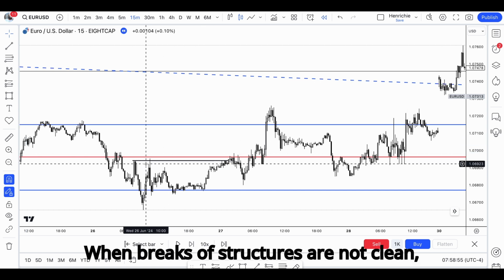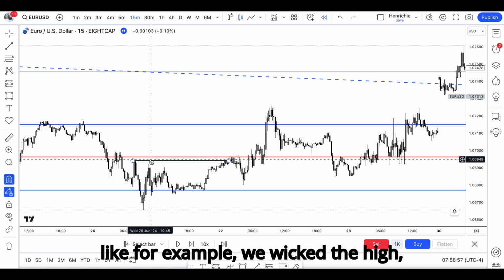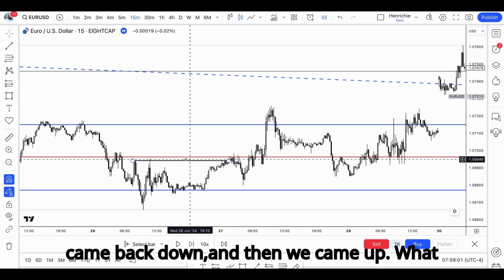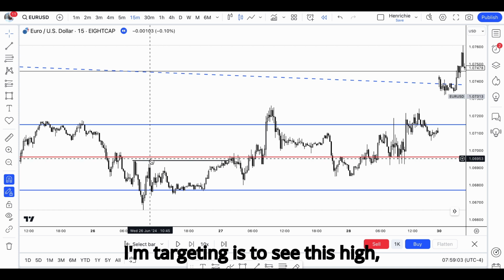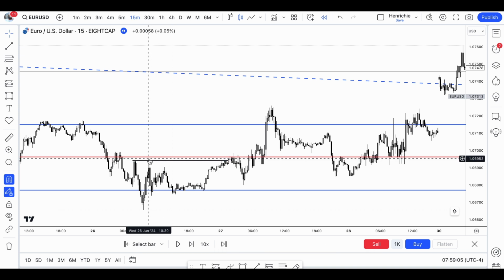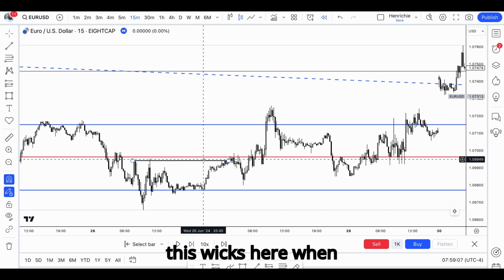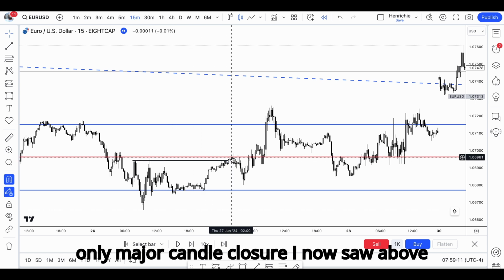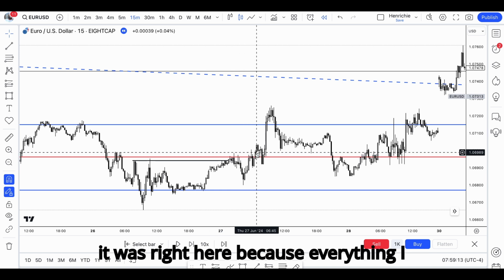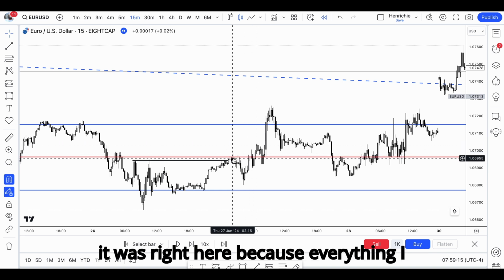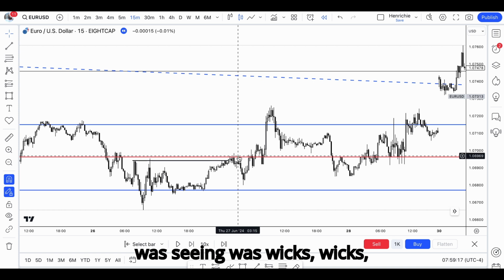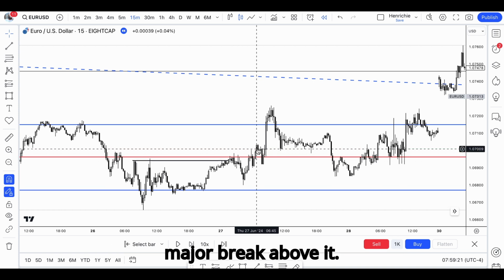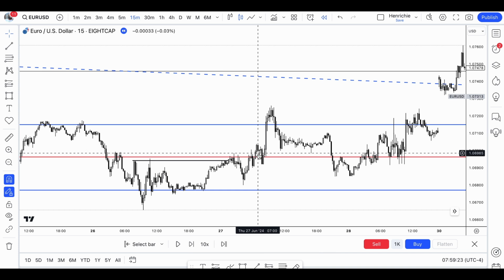When breaks of structure are not clean, like for example, we wicked the high, came back down, and then we came up, what I'm targeting is to see this high, these wicks here, when there's a candle closure above it. And the only major candle closure I saw above it was right here, because everything I was seeing was wicks, wicks, wicks, and then right here, this was the major break above it.